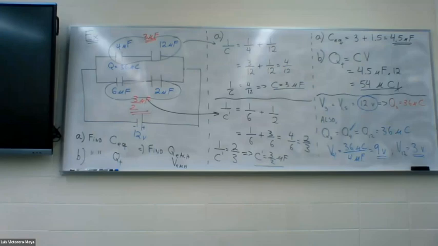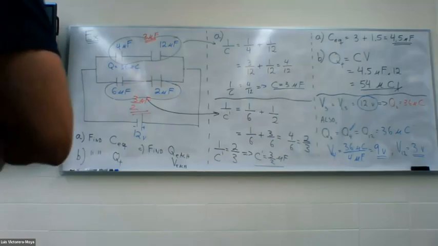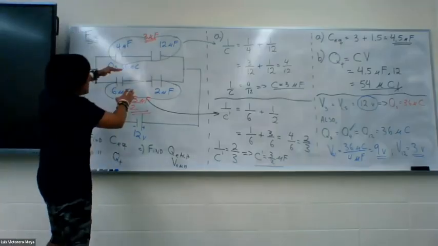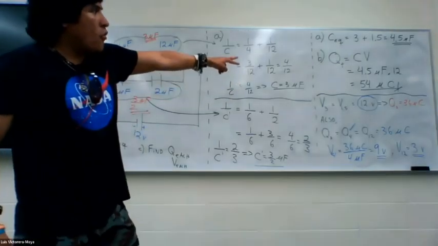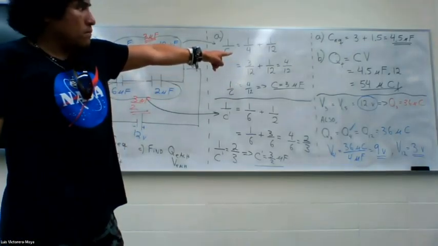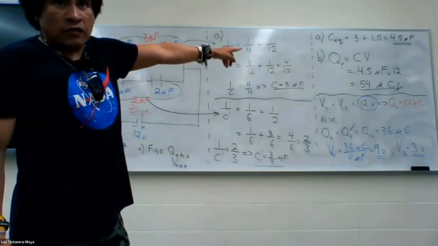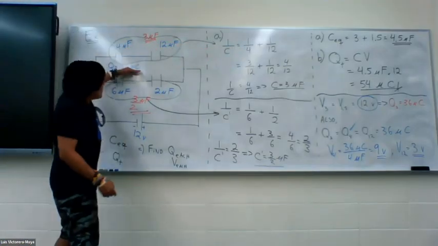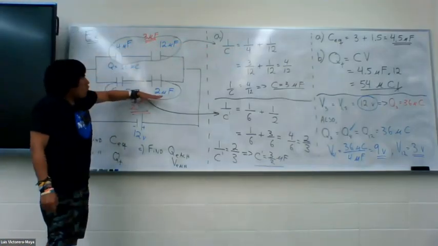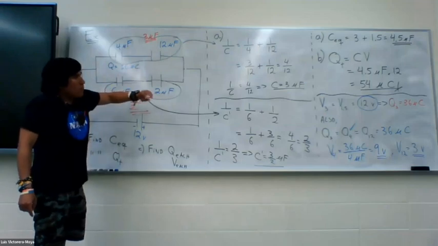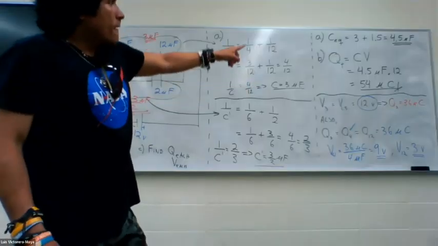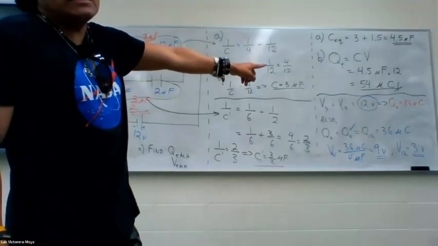Okay, for the 6 and 2, you know what the charge is between 6 and 2. If the charge here is 36, and the overall charge is 54, like the charge on the circuit is 54, and the charge here is 36, you know what the charge going through 6 and 2 is. By conservation of charge, 54 minus 36 is 18.